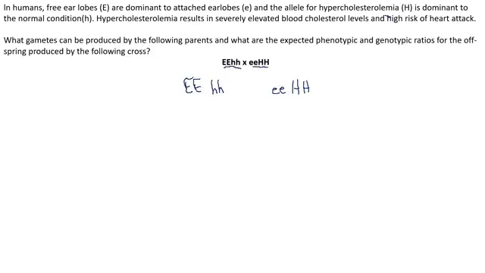All right, so let's go ahead and do the FOIL just to prove it. At this point you should already know that the offspring are all going to be this.